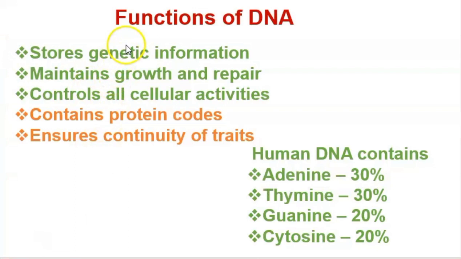Now we are moving to the functions of DNA. One of the number one functions of DNA is to store genetic information. The genetic information of the DNA is stored in the nucleus, and then in the nucleus it is transcribed to messenger RNA, and it finds its way out of the nucleus to the cytosol, where it is translated to protein.